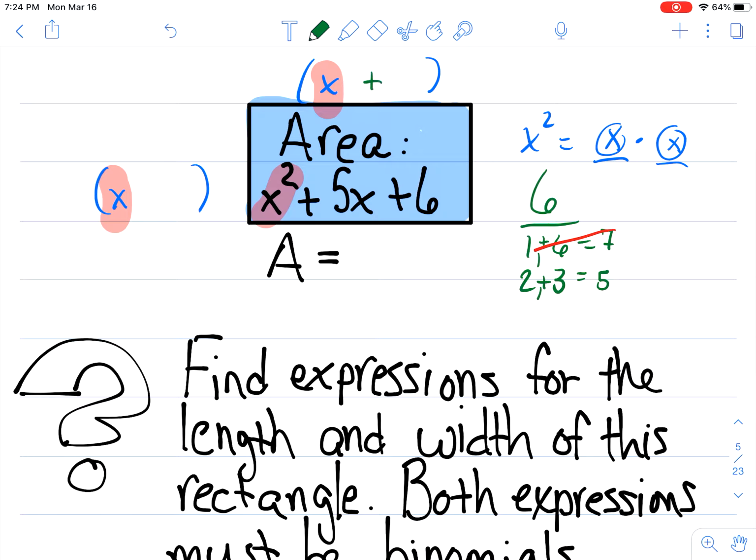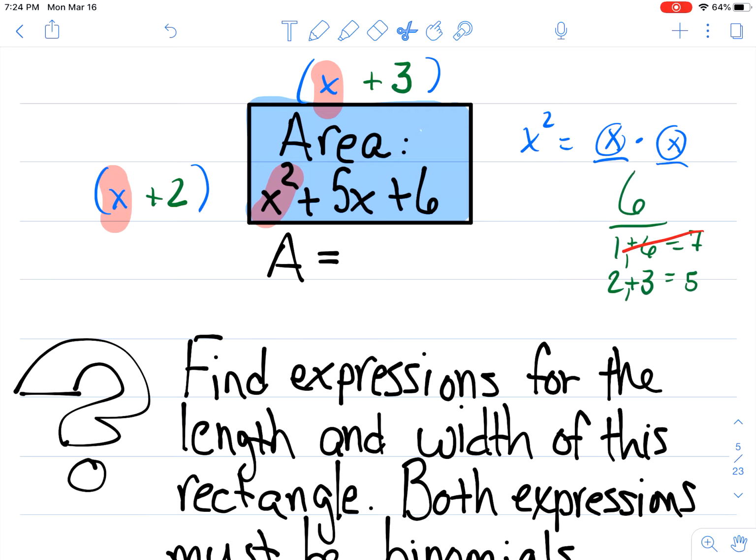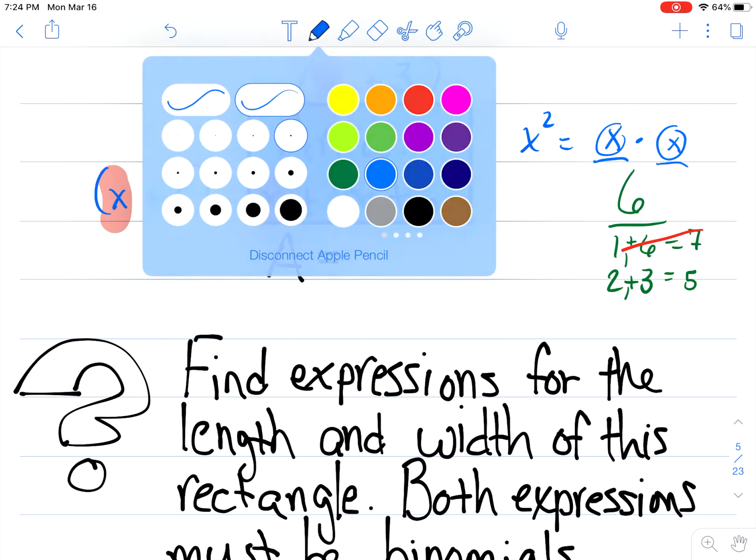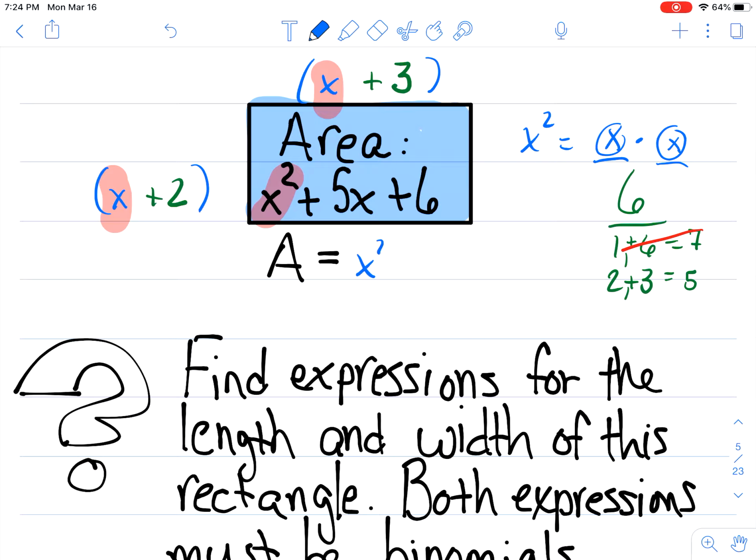So here's the idea. If I add a plus 3 in this group and a plus 2 in that group, then that becomes the dimensions of the rectangle. I'm going to move this over just a little bit so we have extra room. Watch me multiply this back out. x times x is x squared. The outer terms, x times 3, is 3x.